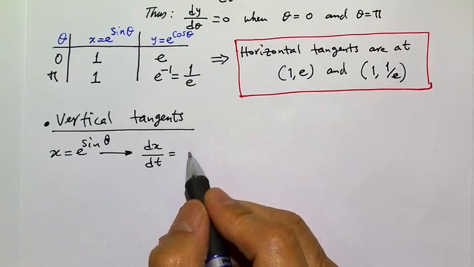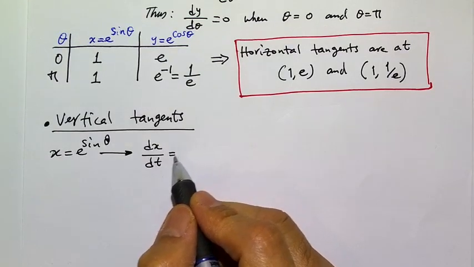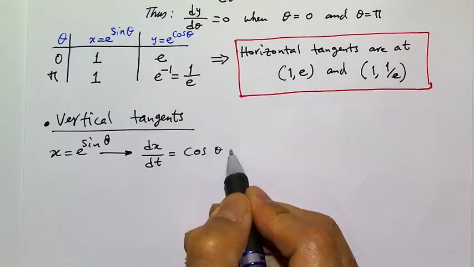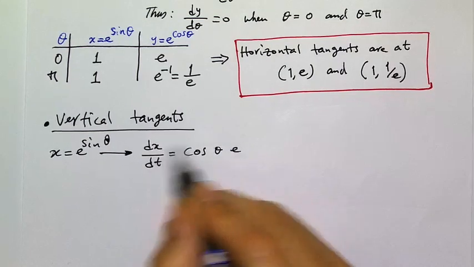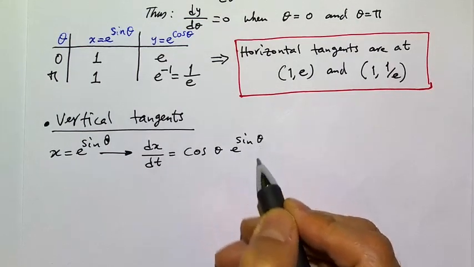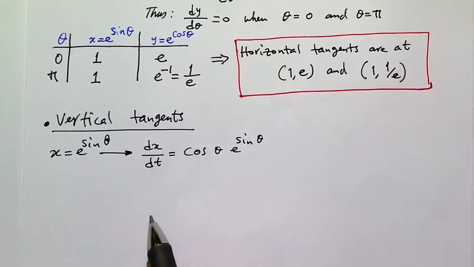We have cosine of theta times e to the sine theta, by the chain rule.